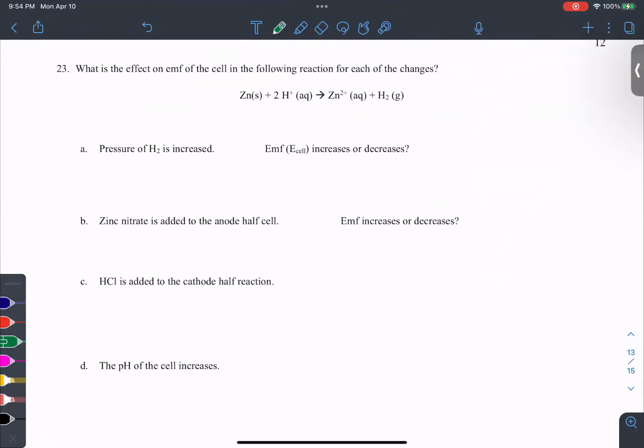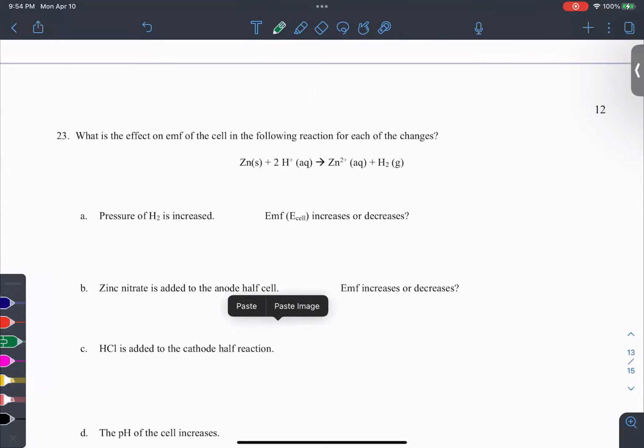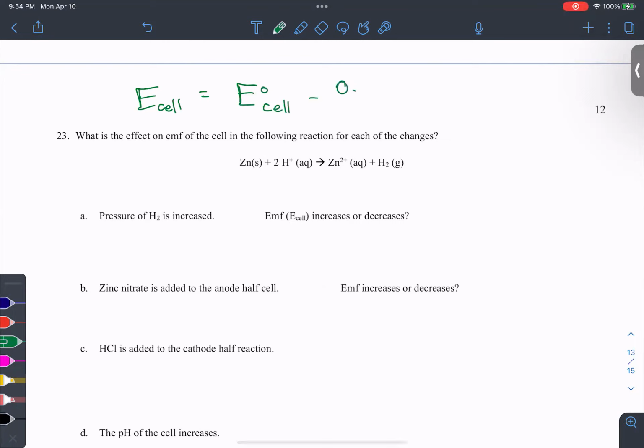What is the effect on our cell potential for the following changes of this reaction? So this is kind of a qualitative idea of our Nernst equation. The measured cell potential is equal to the standard cell potential minus some numbers.